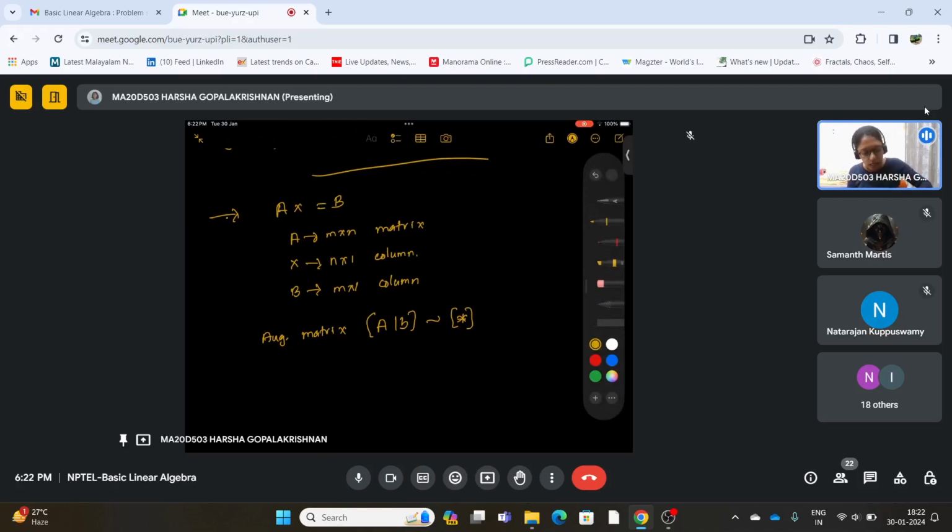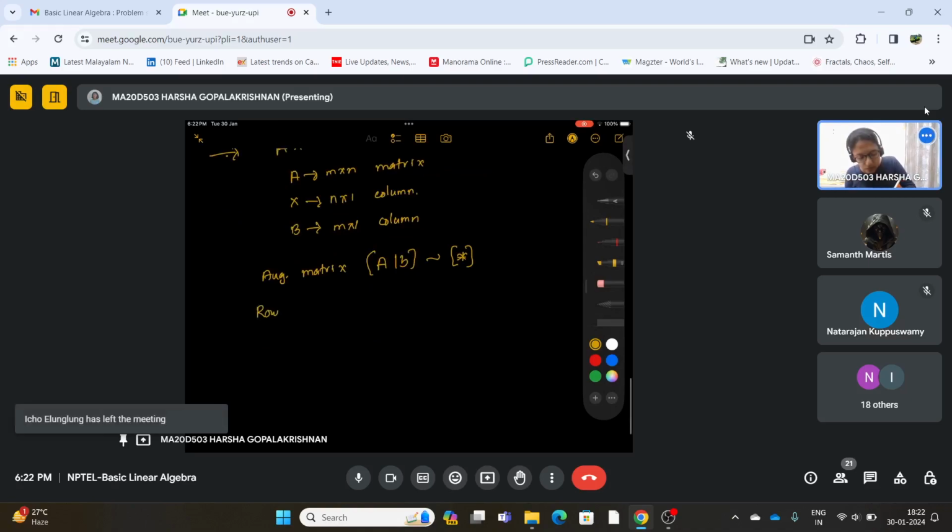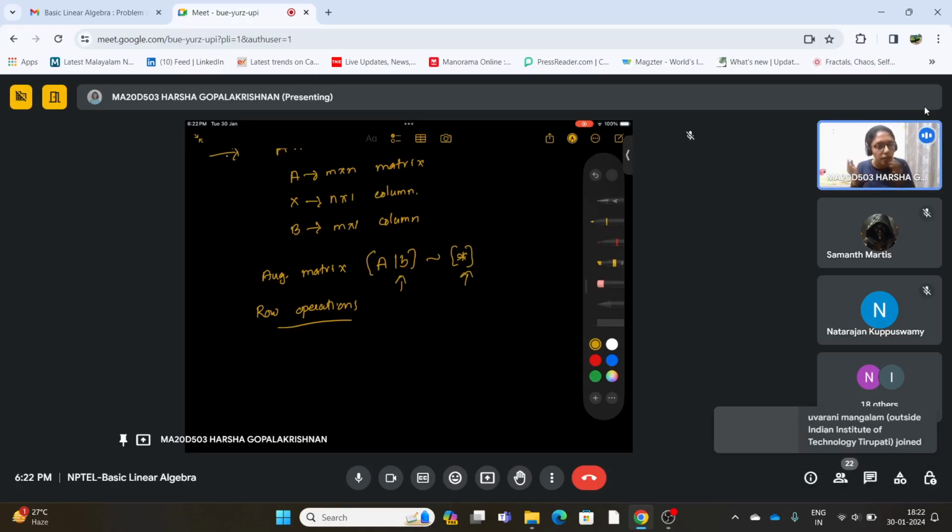We know what the row operations are, and we will come to that. Before that, we simplify the augmented matrix AB to a simplified form, and all the solutions of the first matrix are also solutions of the second matrix. That means these two matrices are equivalent. So one's solution is the other's solution, and we will work with the simplified matrix. That is our basic concept.